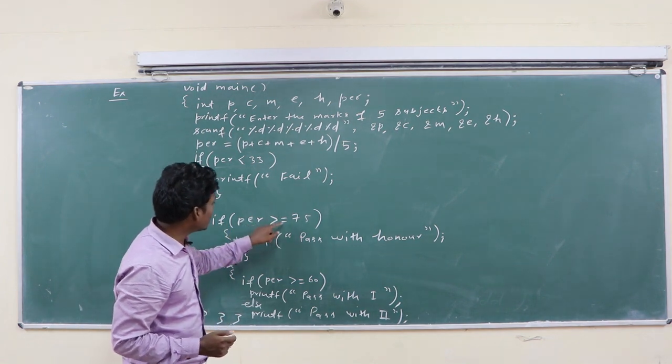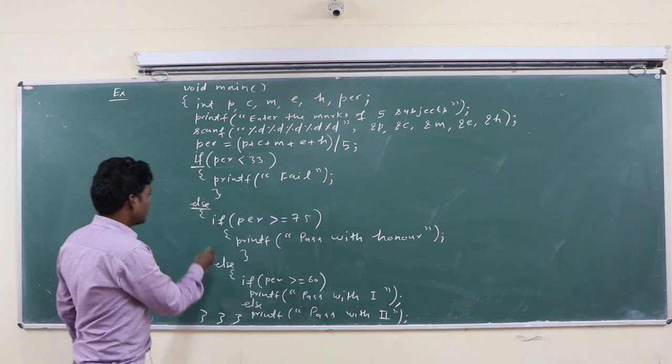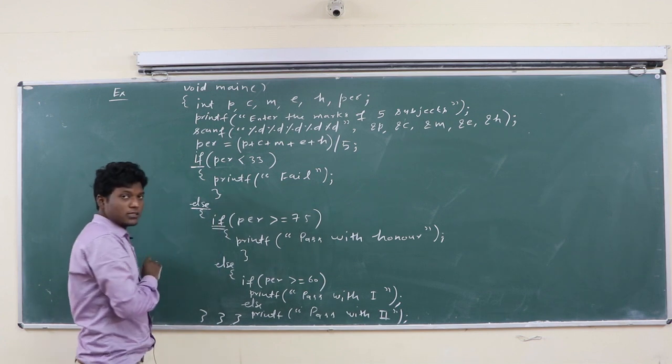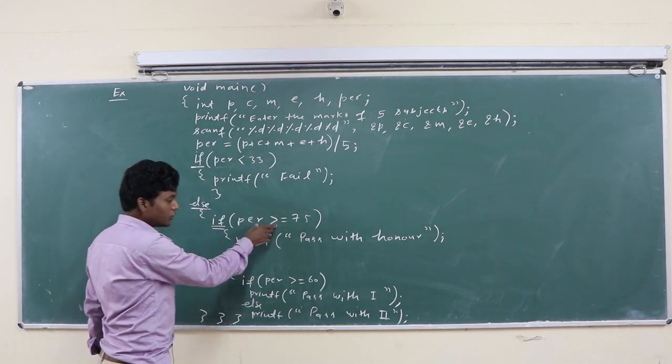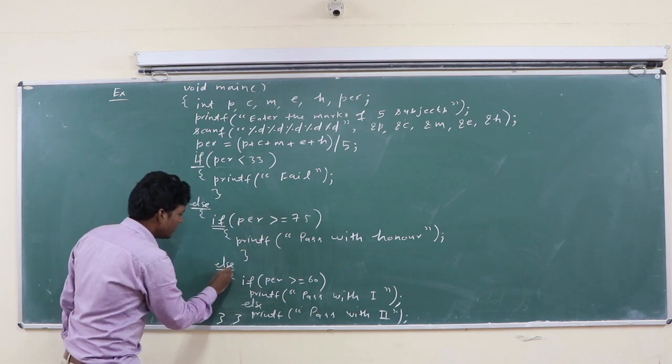If percentage is greater than 75%, print pass with honor. Okay, this one is a second if. If this is not true, then its else will execute.